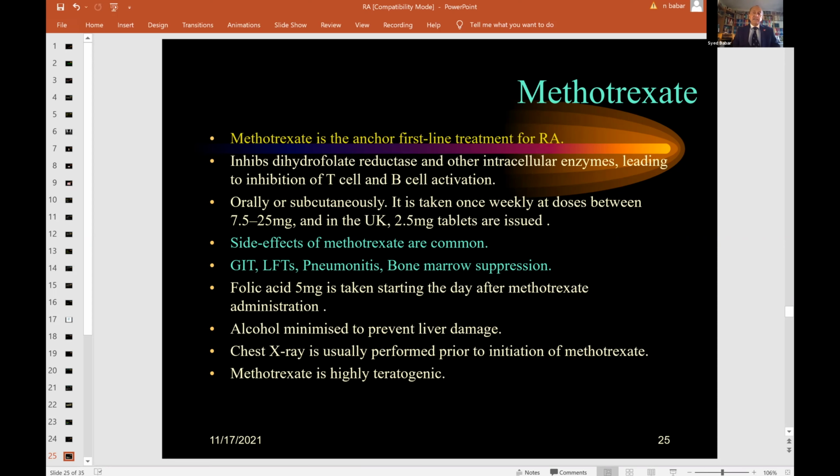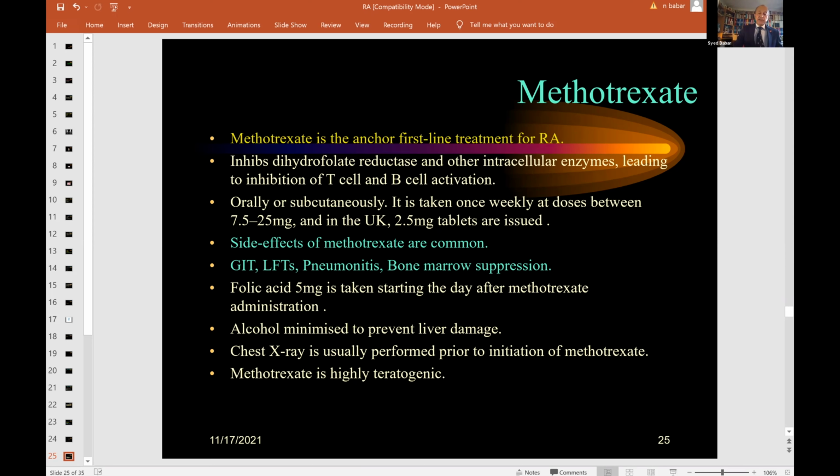Whilst anyone is on methotrexate, because the folate pathway is adversely affected, folic acid 5 milligram is taken on a daily basis, but not on the day that methotrexate is administered. So patients would be taking folic acid 5 milligram one day after the methotrexate and stopping on the day that methotrexate is administered.